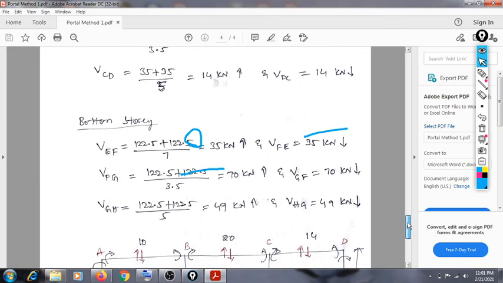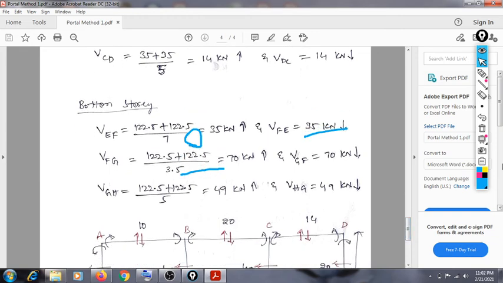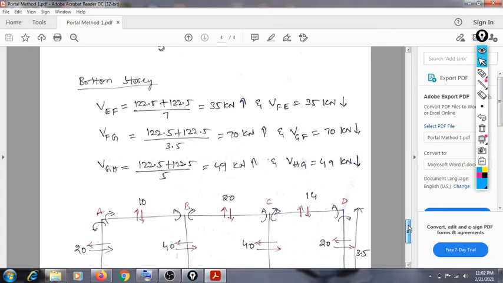And in the same manner, for the bottom story also you have to take the sum of the moments divided by total length, and the same manner is taken into account here, and we get 35, 70 and 49 kilonewtons as the shear force in beam, right?